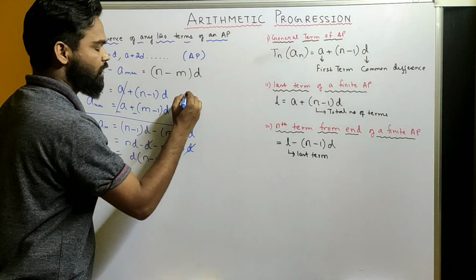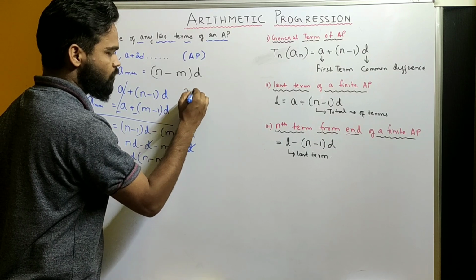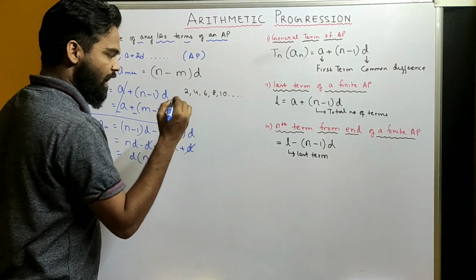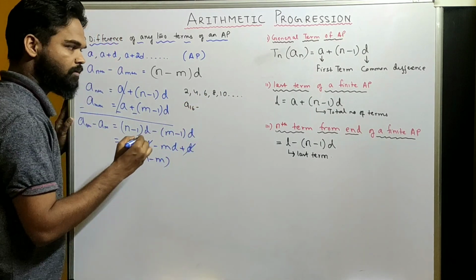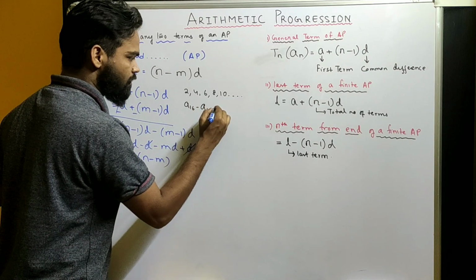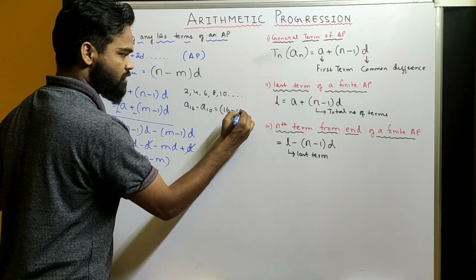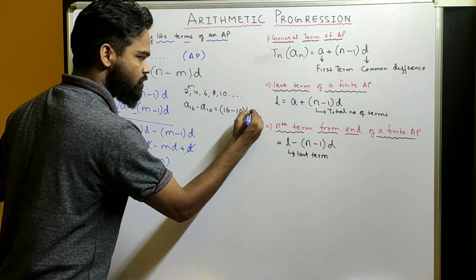Clear what I mean? Suppose you take a sequence of numbers in AP, say 2, 4, 6, 8, 10, and so on, and I want the difference between the 16th term and the 10th term. So this will be simply 16 minus 10, into d. d is what? 4 minus 2 is 2.